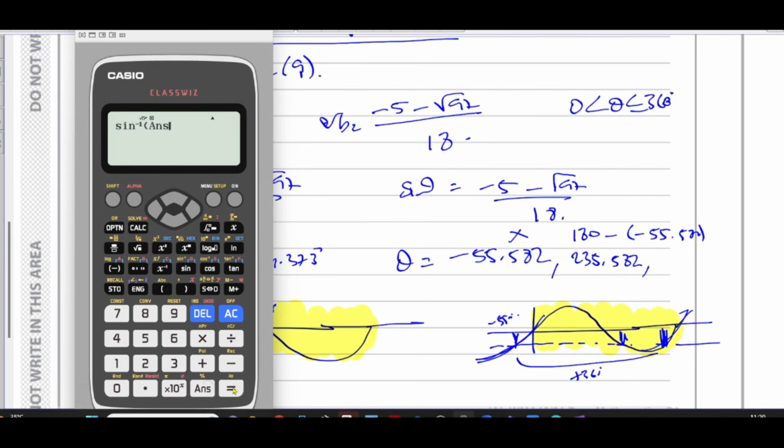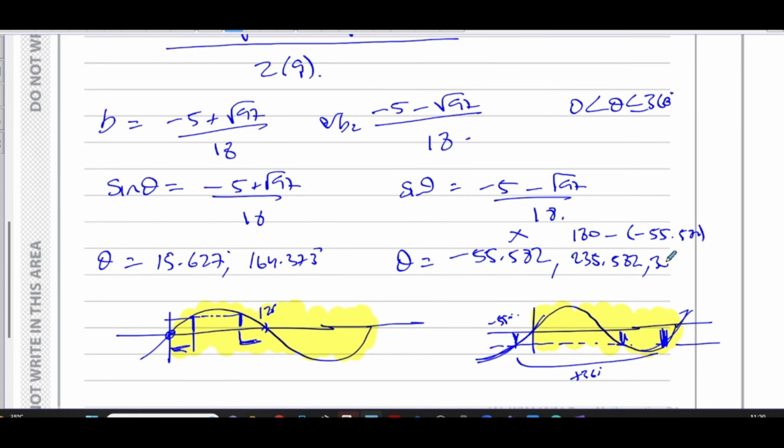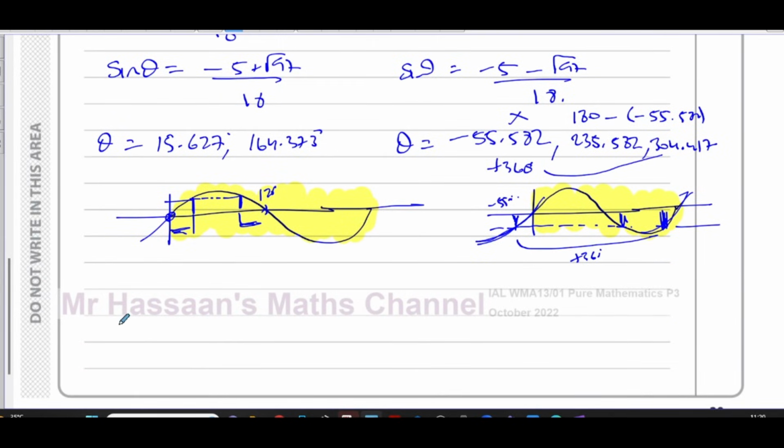Inverse sine answer equals. I'm going to add 360 to this, and that gives me 304.417. So I added 360 to this, and it gives me this angle over there. All right, so that gives me my solutions.